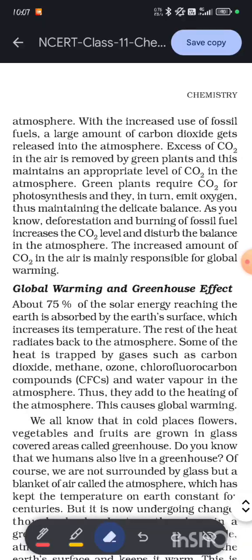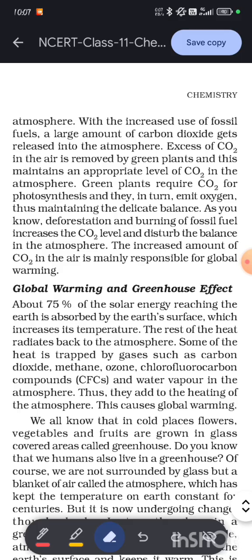With the increased use of fossil fuels, a large amount of carbon dioxide gets released into the atmosphere. Excess CO2 in the air is removed by green plants, and this maintains an appropriate level of CO2 in the atmosphere.